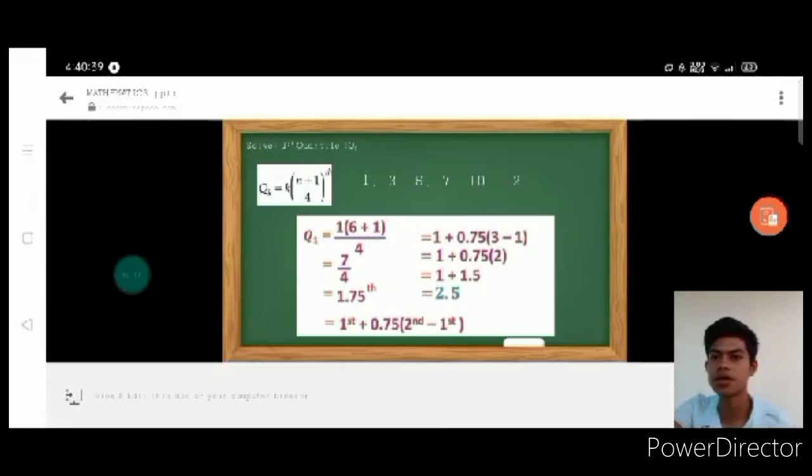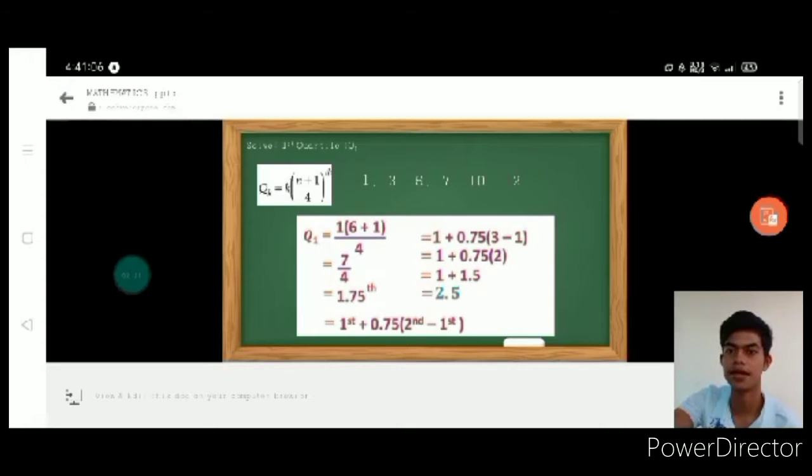So first plus 0.75 times the quantity of second minus first. This is also the way to get the final answer of the quartile of ungrouped data. So equals 1 plus 0.75 times the quantity of 3 minus 1, equals 1 plus 0.75 times the quantity of 2.